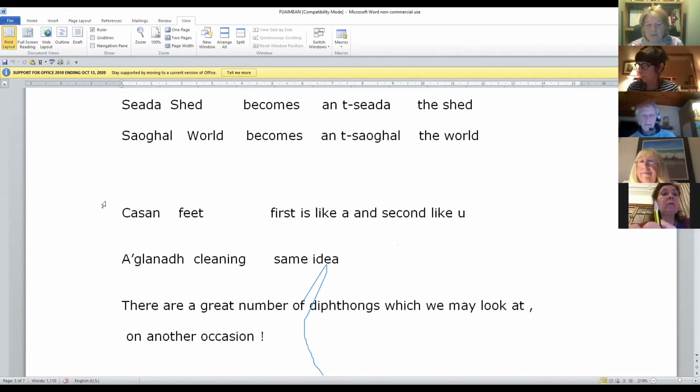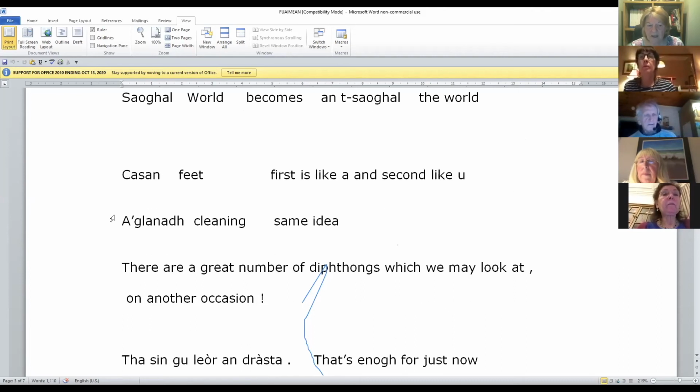Now, John, this is where I was telling you about the A and the U sound. So kassen are feet. And that's the first one sounds like an A, and the next one sounds like a U. Kassen. Glanig is cleaning. Now the first A of the word is glanig.